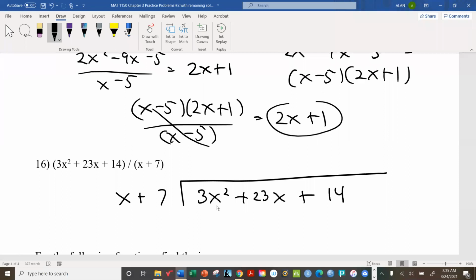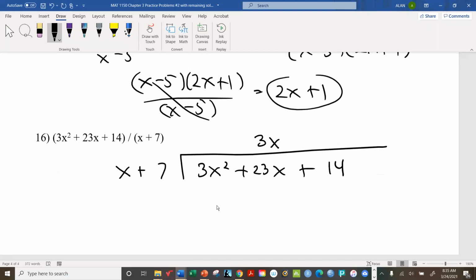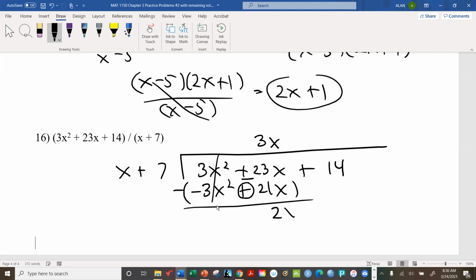So to get rid of this 3x squared, let's try 3x. So 3x times x plus 7 is 3x squared plus 21x. So I subtract. This becomes negative. And here this is negative. I've got 2x. I bring this down. Plus 14. Oh, it looks good.